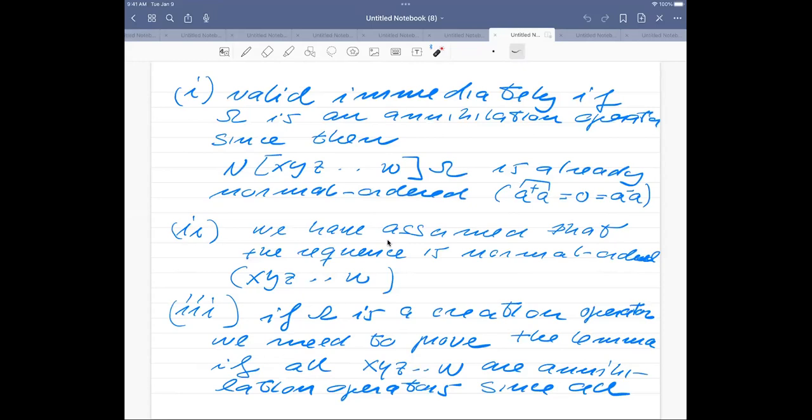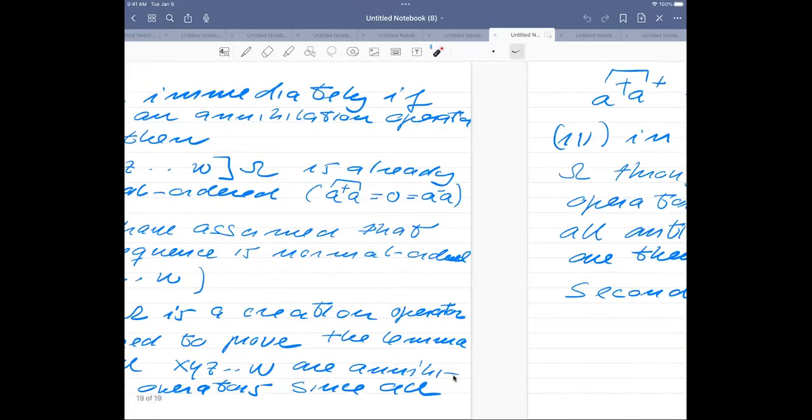And then we have assumed that the sequence you have here is normal order, because we have n here. And if omega is a creation operator, we need to prove the lemma if all x, y, omega are annihilation operators. Because if all of them are creation operators, then the contractions are immediately equal to 0.